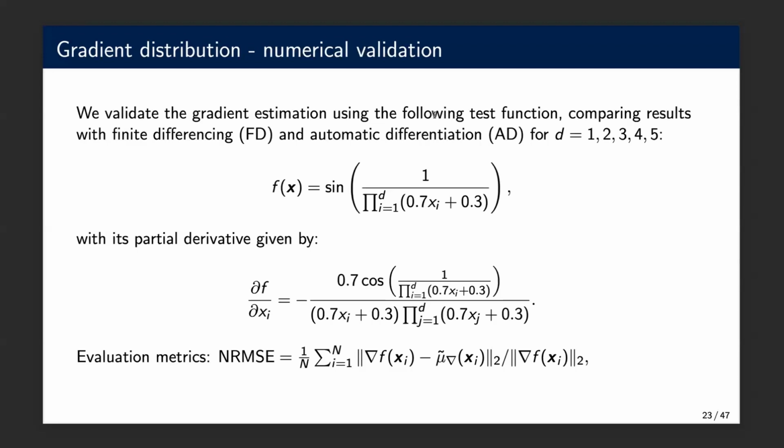Here we did some numerical validation of our derivations in a very simple test example with f(x) equal to some sine function, and its partial derivative given by the second equation. We evaluate the accuracy with respect to the normalized root mean square error defined in this way.